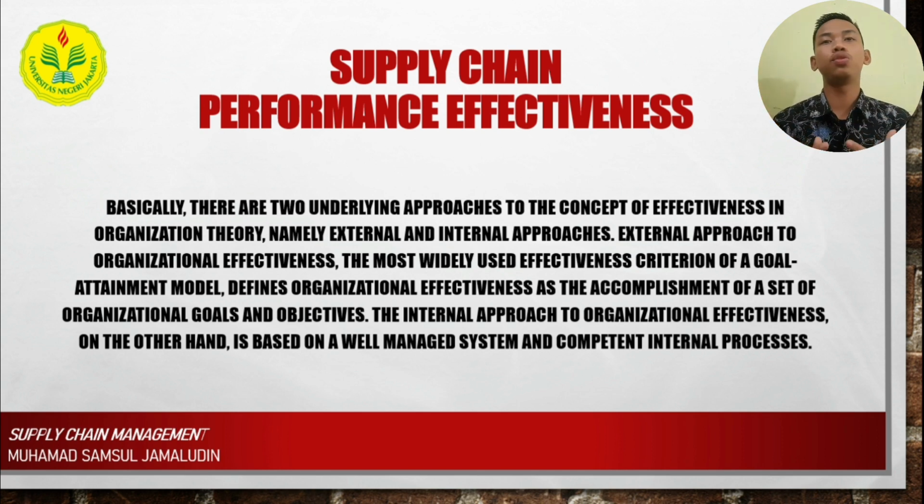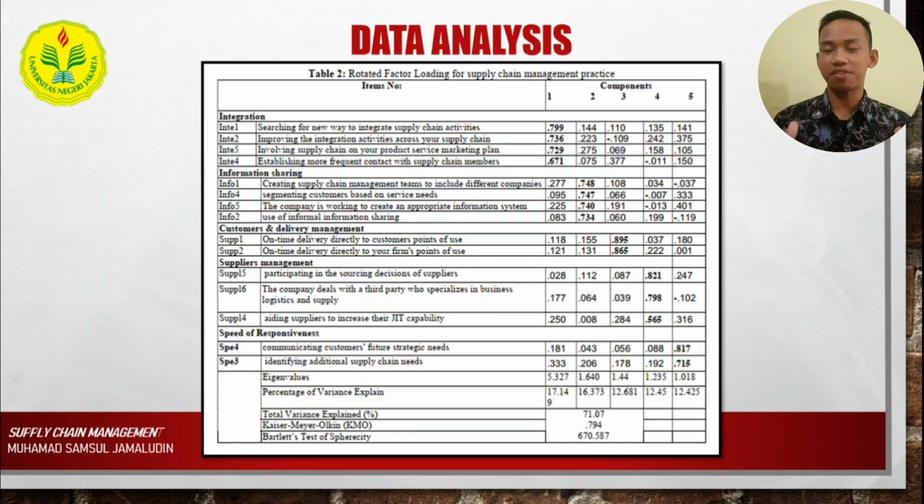The external approach to organizational effectiveness, the most widely used effectiveness criterion, is the goal attainment model, which defines organizational effectiveness as the accomplishment of a set of organizational goals and objectives. The internal approach, on the other hand, is based on a well-managed system and competent internal processes.